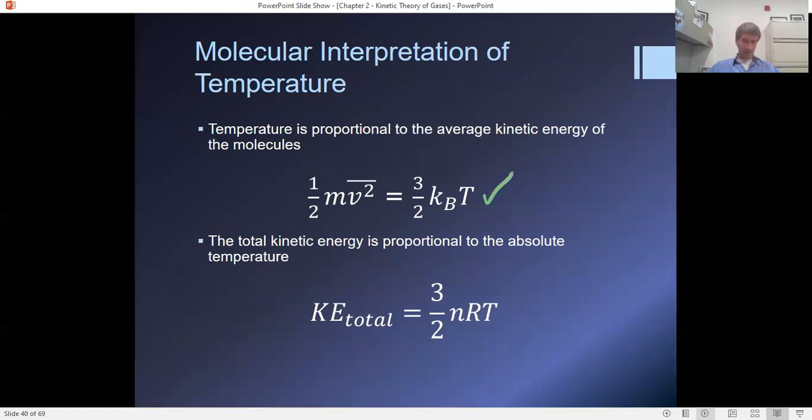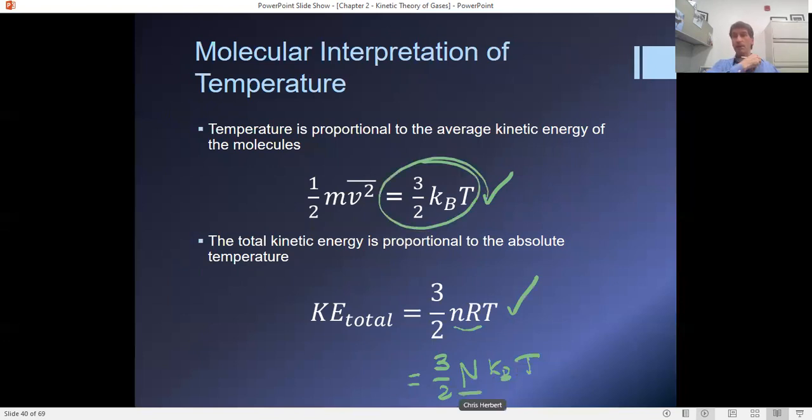If you want to look at the total kinetic energy of a system, the total kinetic energy is 3/2 times the number of moles times RT. We could also write this as 3/2 big N kBT. Again, this is the average per molecule.